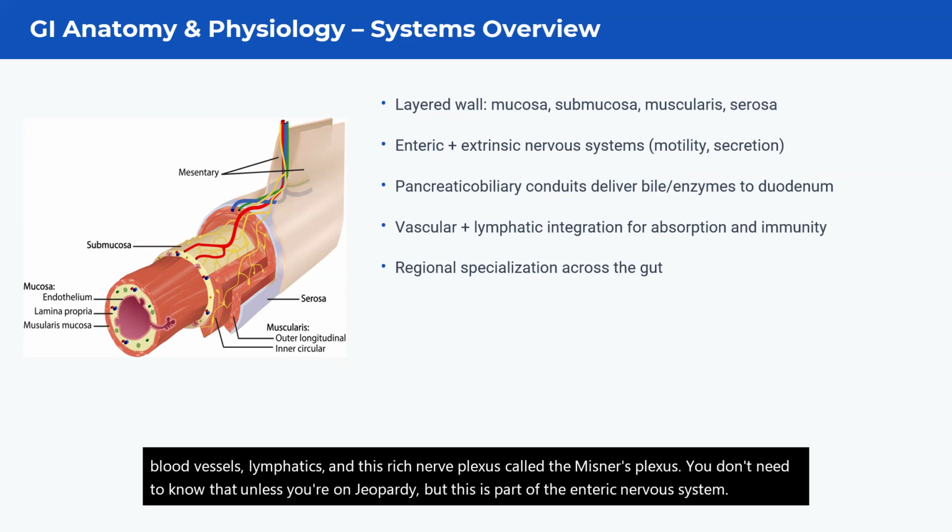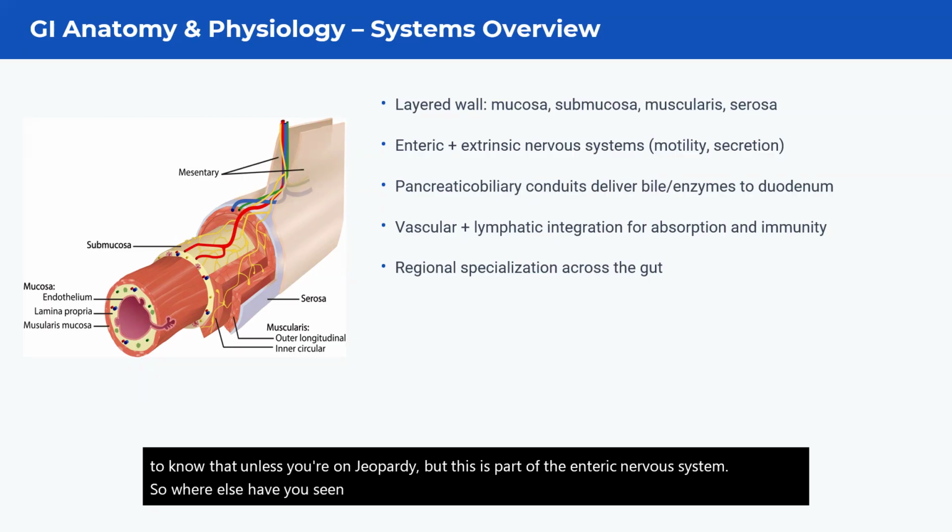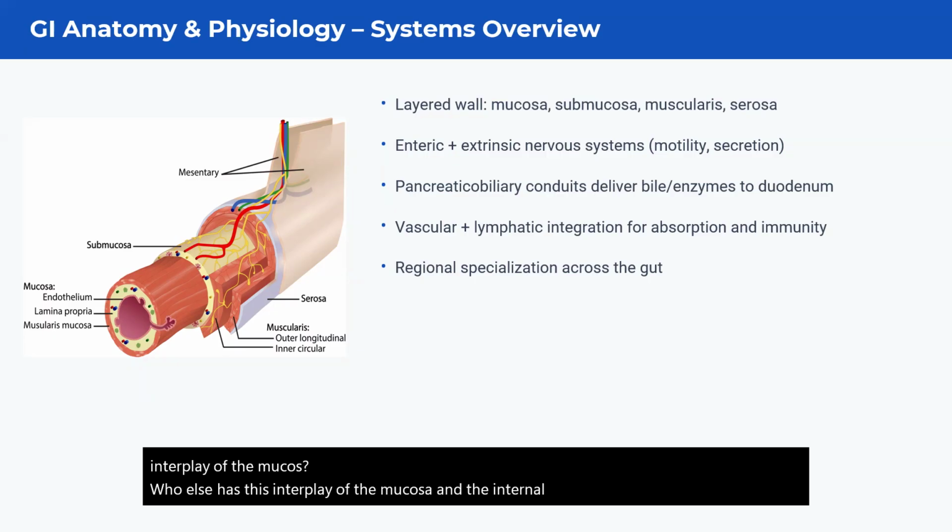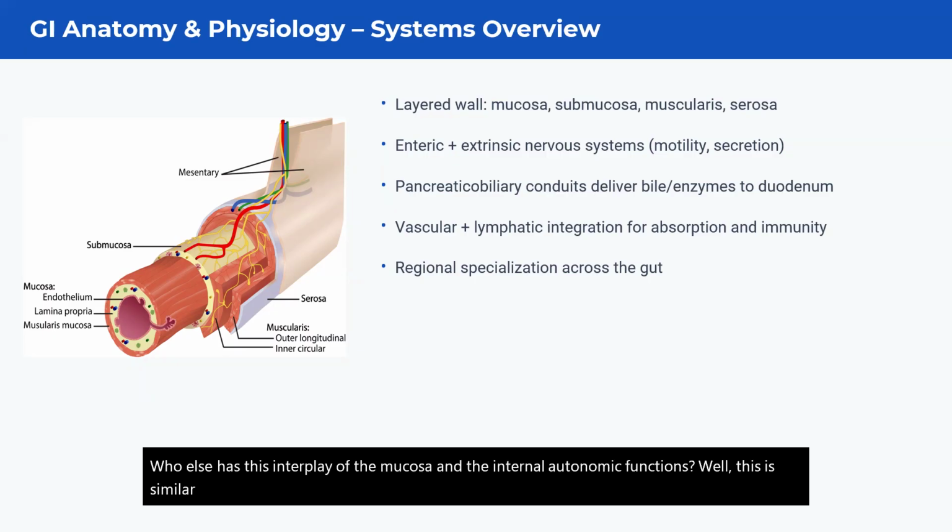So, where else have you seen this self-contained regulatory network before? Who else has this interplay of the mucosa and the internal autonomic functions? Well, this is similar to what happens in the pulmonary system.